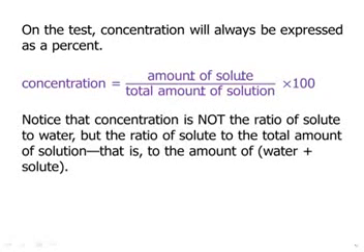So concentration equals the total amount of solute divided by the total amount of solution, and this is times 100%. Notice that concentration is not the ratio of solute to water, but the ratio of solute to the total amount of solution. That is the amount of water plus solute. So it's not the ratio of the two materials involved, it's solute to the whole. That's what constitutes concentration.